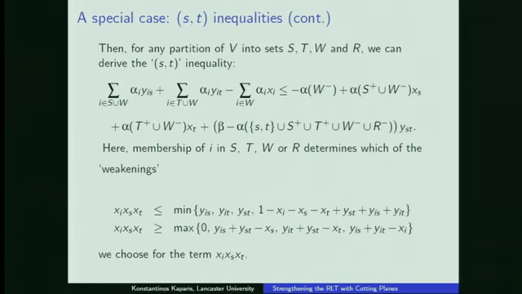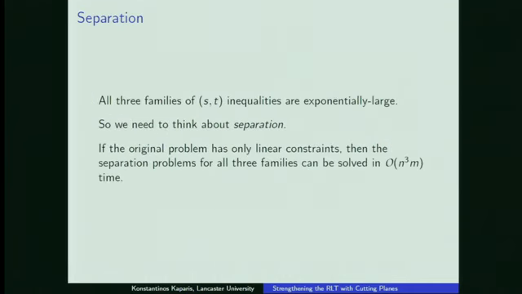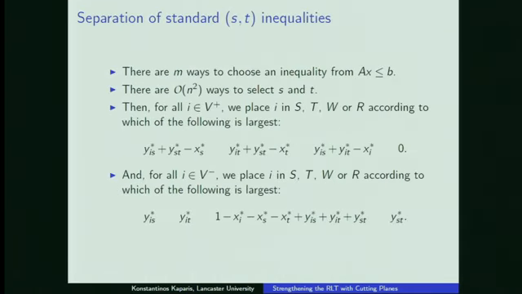Then in linear time you can check all your i's, and make a decision of where you're going to place each node in set S, T, W, R. This decision is based on the largest value of these following four terms, which gives you a lower bound for the cubic term, or, in the case that the coefficient is negative, on the largest value of these four terms. So you try to maximize the violation that you get through this substitution.